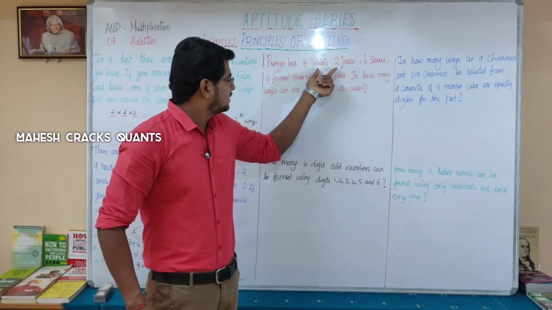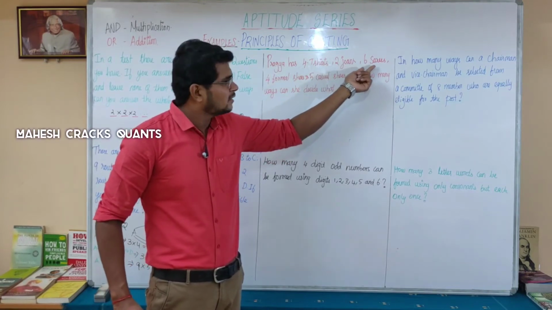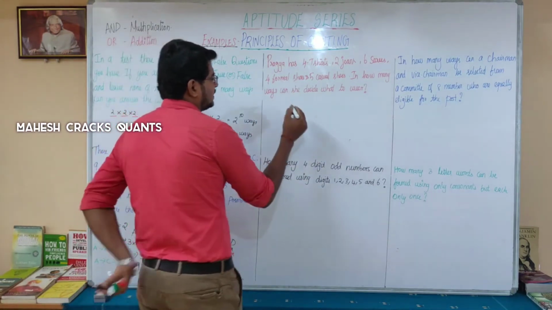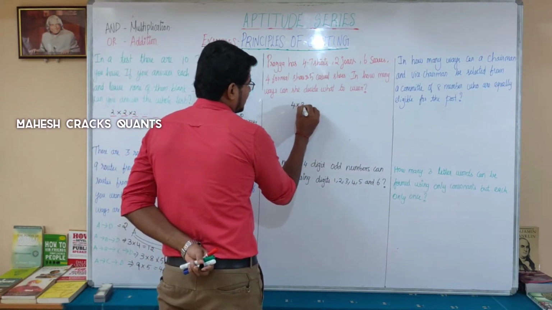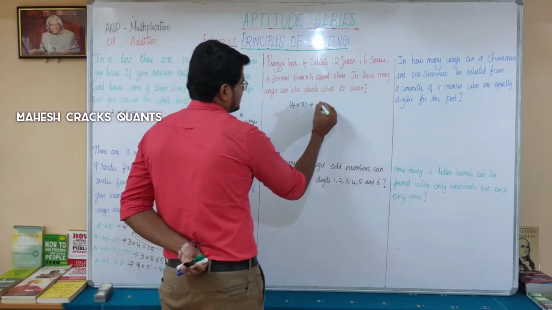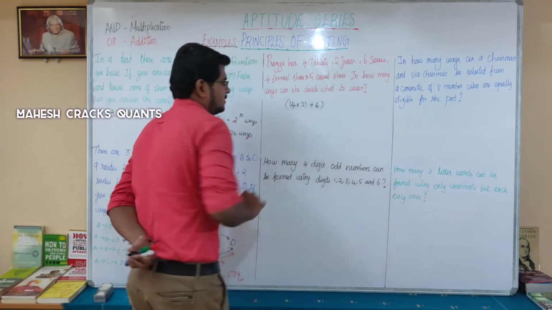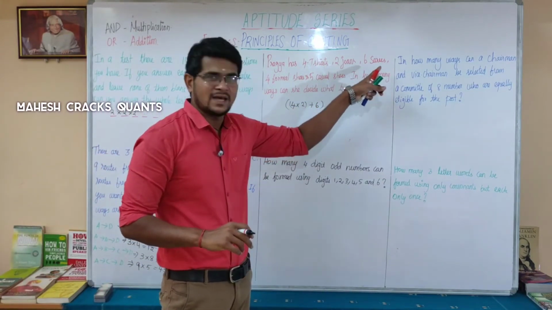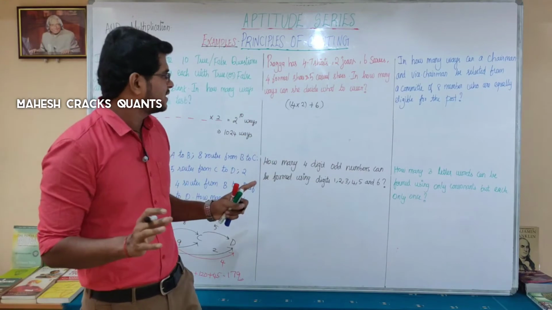Am I right? Either jean with t-shirt, which gives 4 into 2 choices, or 6 sarees. So this is the choice she has.